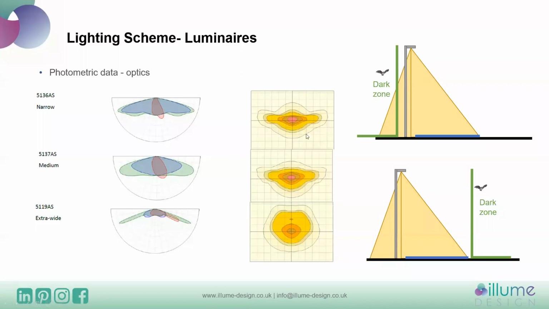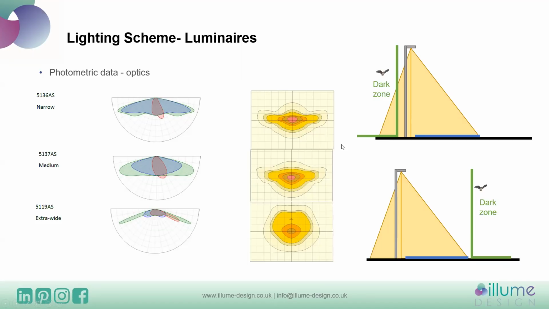So this is a plan view of the distribution of light from that light source. And whereas typically it was recommended that the light source be placed directly adjacent to the dark zone and that a back shield be added, this often isn't the best solution.